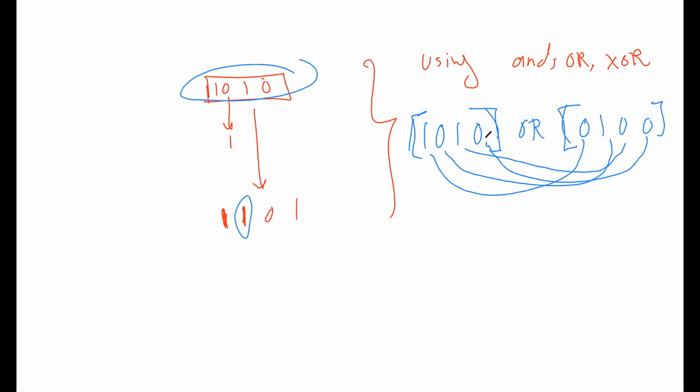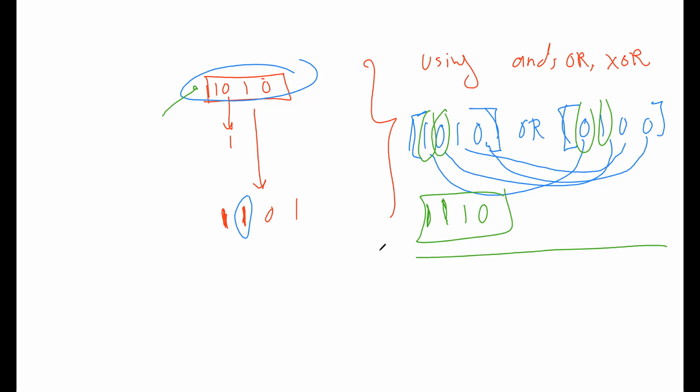The first operation, OR, is going to be 1, the same digit. The second one is going to be 1. And the last 2 are going to be 1, 0. You see how using a simple OR command we can set a bit in a given register, right? So this is one example.